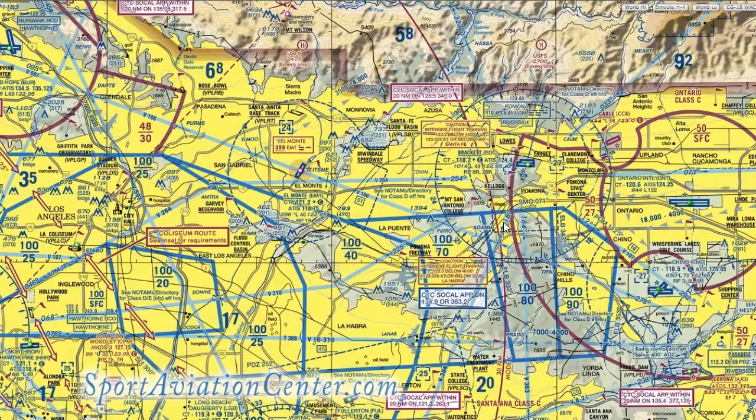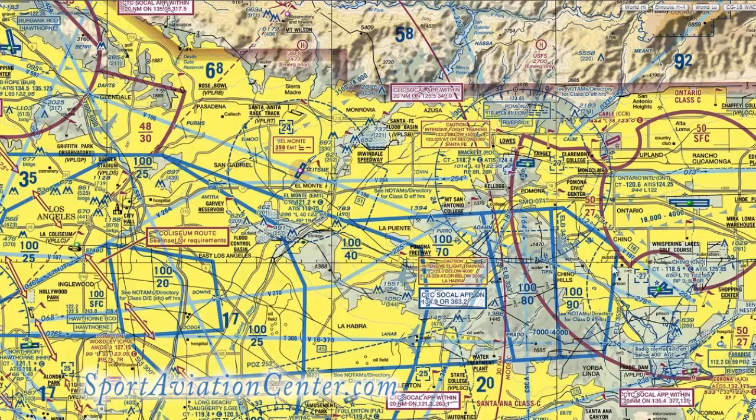Now the other option would be to fly over this airspace at 2,400, under our Class Bravo airspace here at 4,000, and actually come in underneath this way.